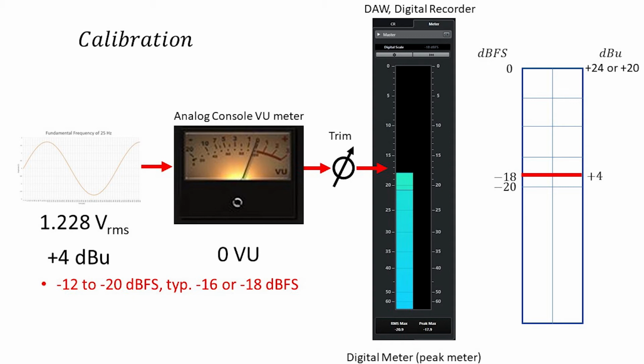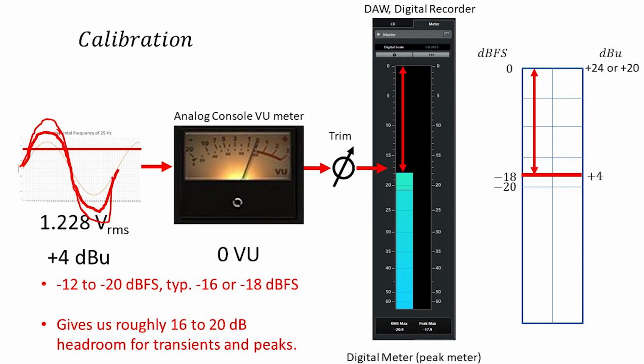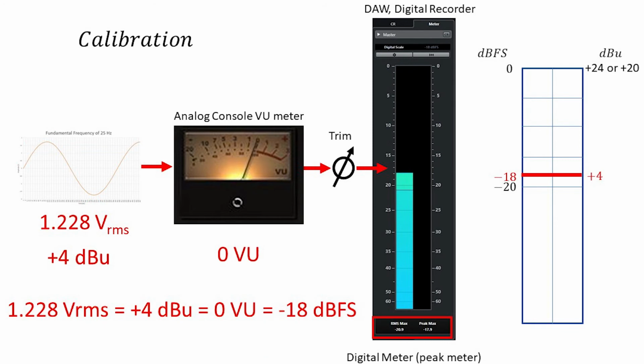I also want to state that I'm not 100% sure, but because in the digital realm, you have digital peak meters that are very good at reading the instantaneous peak as opposed to what the VU meter could read, I'm fairly confident they were adjusting the trim until it read -18 on the peak meter rather than the digital RMS. But anyway, the biggest point to take out of this is that you have all this headroom that I discussed in the last section. You have roughly 16 to 20 dB of this headroom for transients or the peaks.